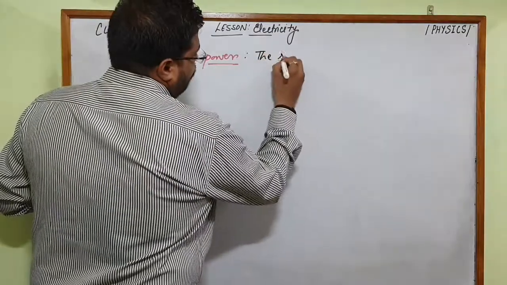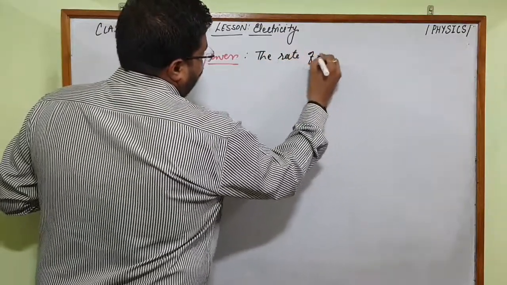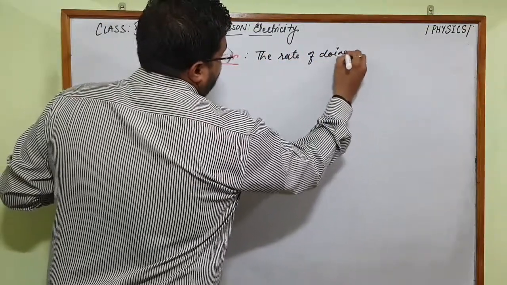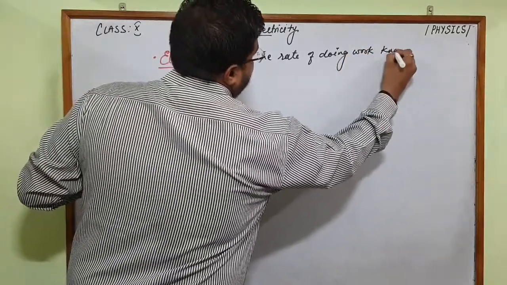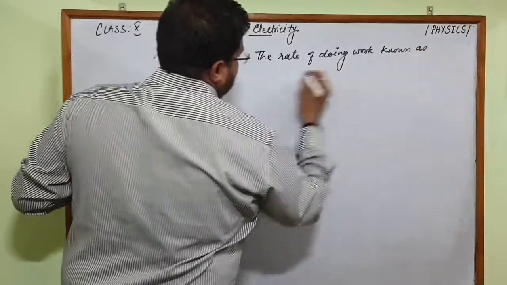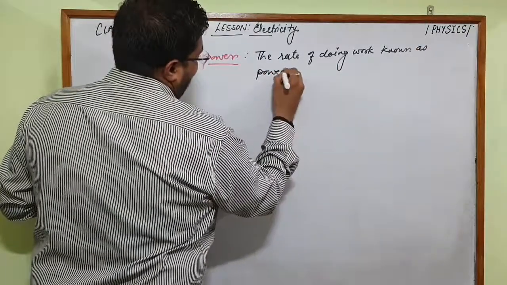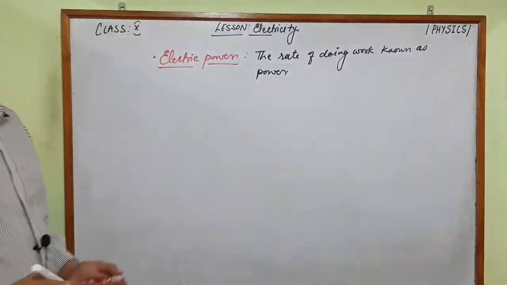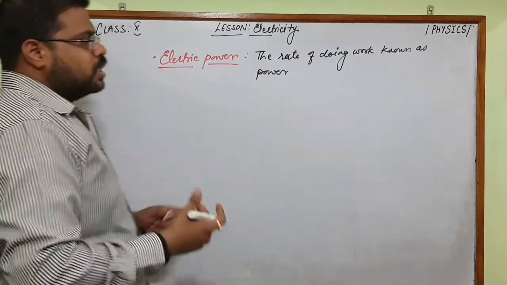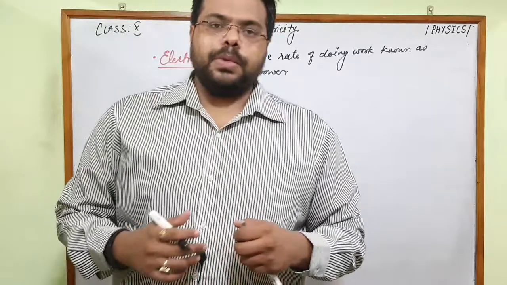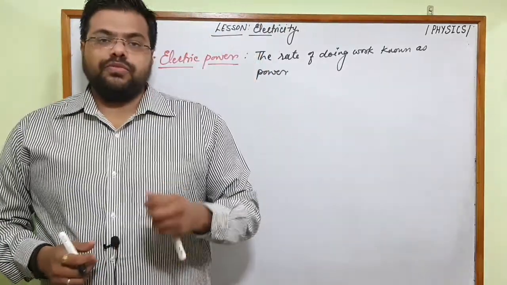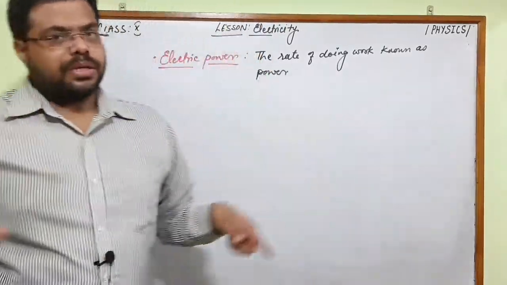The rate of doing work is known as power or electric power. We know how much work is required on a charge when a particular electric potential V is placed in an electric circuit.